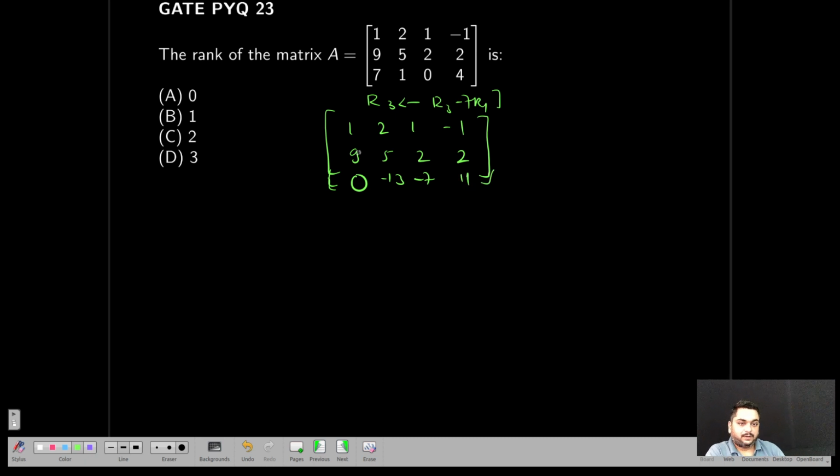Okay. Now try to make this element 0. This will be R2 is R2 minus 9 R1. This is 1, 2, 1 minus 1. So this becomes 0. 5 minus 9. 5 minus minus 13.